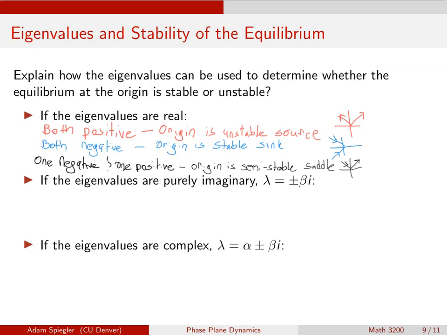Okay, in the case where we had purely imaginary eigenvalues, then this was the situation where the origin is a center point, with elliptical orbits.